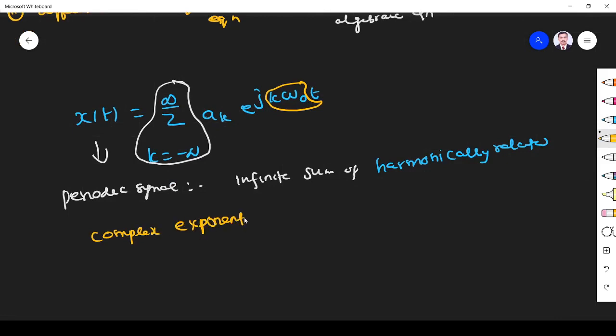Again you see complex exponential. Here also we have e power j.